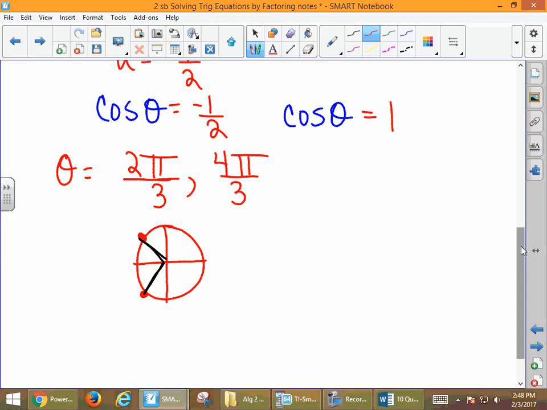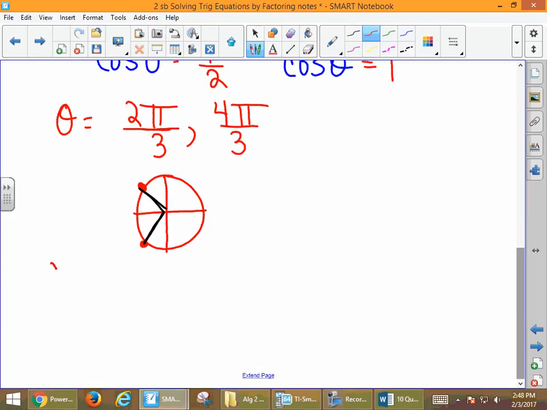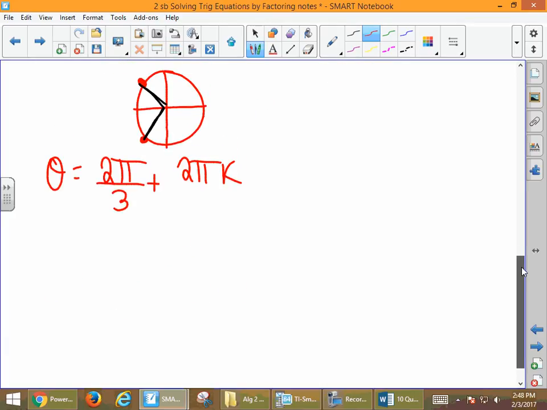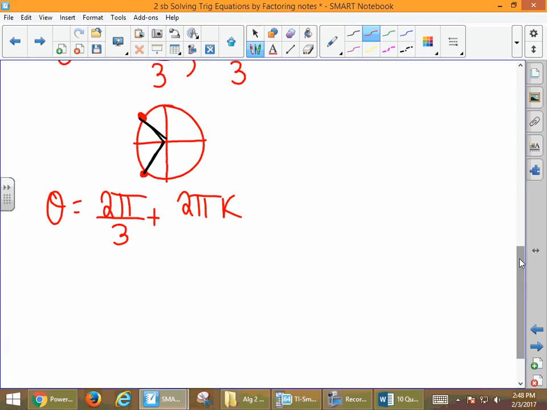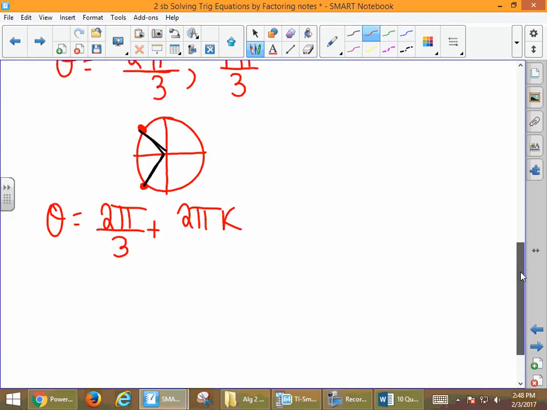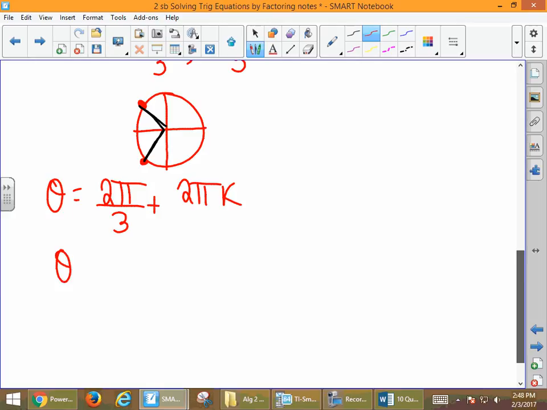And because we don't form a diameter, we're going to have to add 2 pi k to each of our angles. And that means that we're representing all of the angles on the unit circle. Just 2 pi over 3 is our first value, but there's an infinite set of answers here on our unit circle. And then 4 pi over 3 plus 2 pi k.